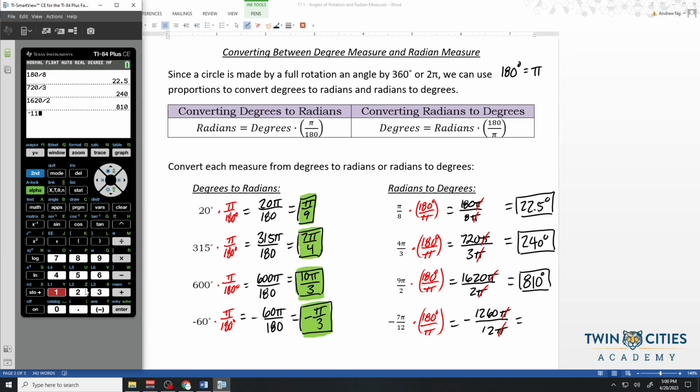And negative 1,260 divided by 12, this will be negative 105 degrees.